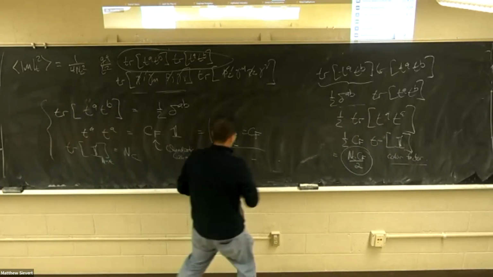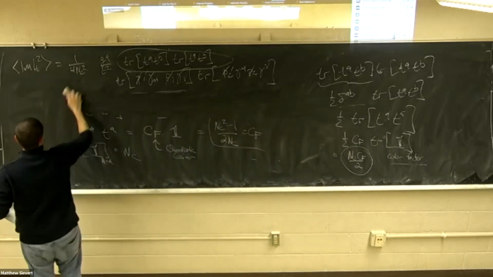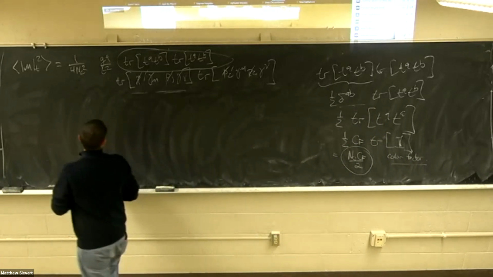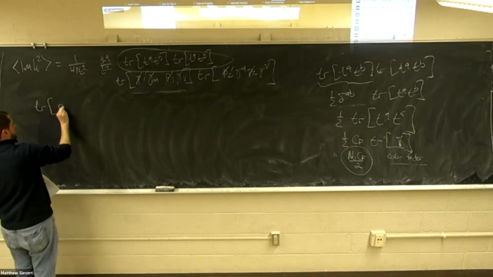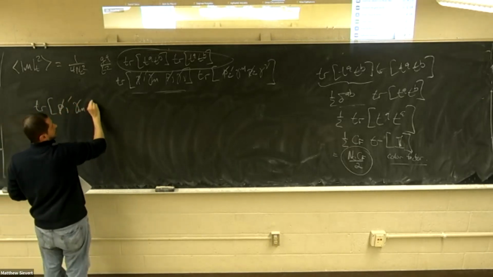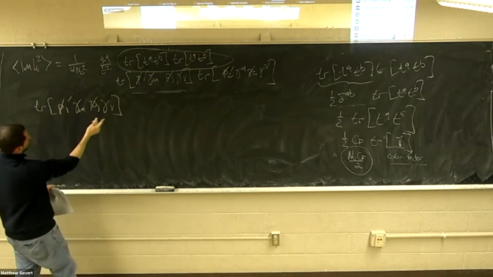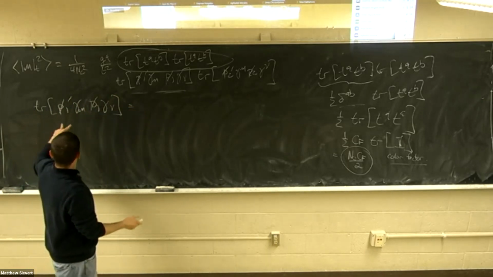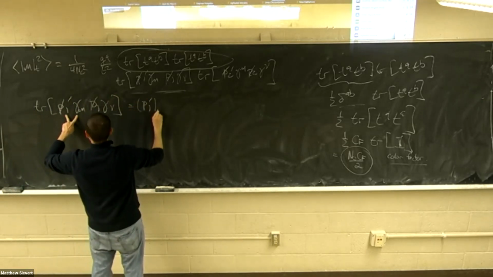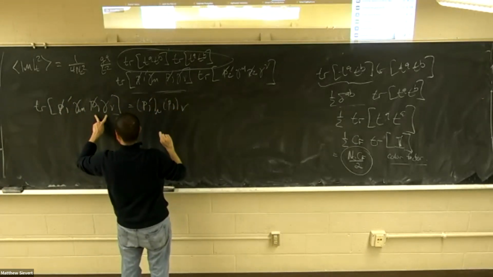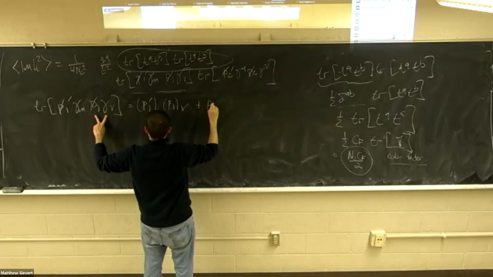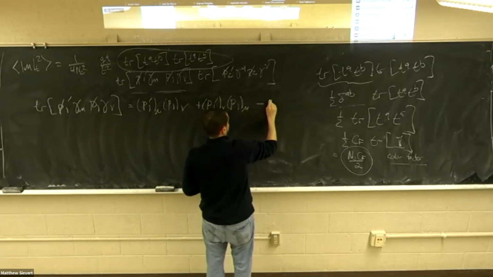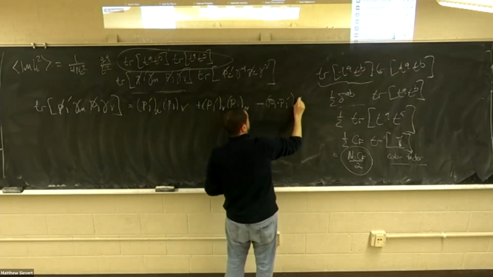So that was the color traces. We have something very similar for the Dirac traces. One of the identities for the Dirac traces is, if I have 4 gamma matrices, then everything gets expanded in all possible pairs using the metric tensor. So I get P1' mu, P1 nu, plus the other way around, P1' nu, P1 mu, minus the cross term, which is P1 dot P1' g mu nu.